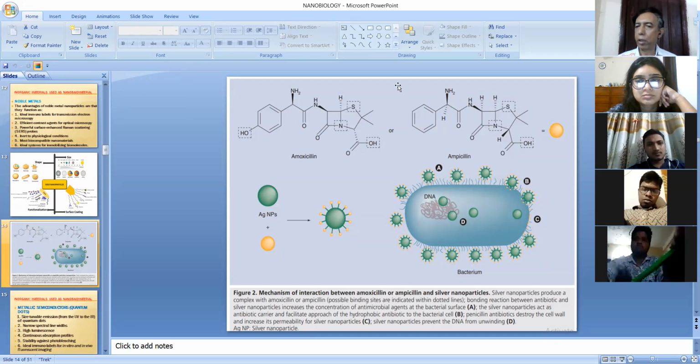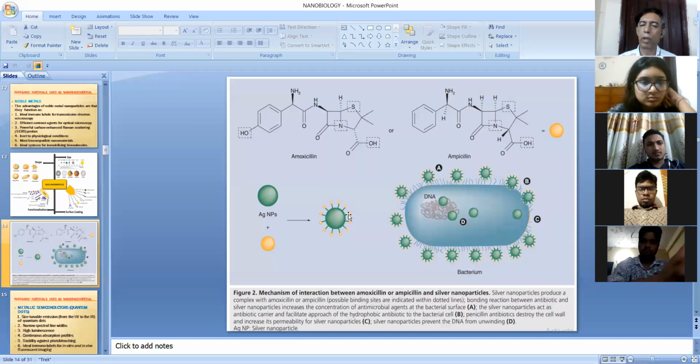They are antibiotics. So this silver nanomaterial is attached with that antibiotic. Now, it becomes a nanobiomaterial.